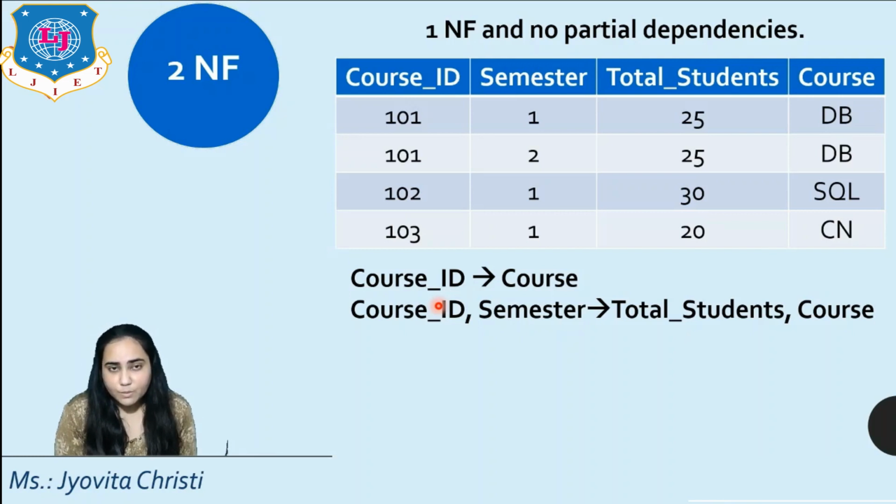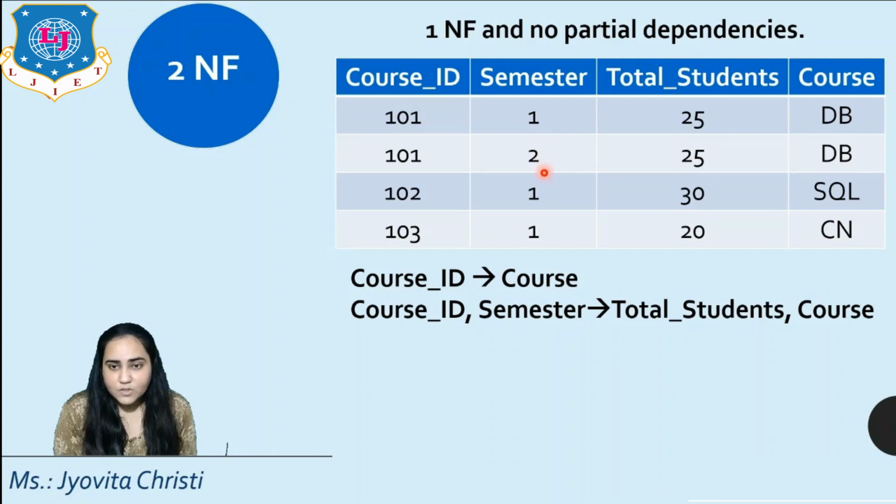So this would be a primary key. And if you know about functional dependencies, then a primary key always determines everything else in the table. So that's why course ID and semester would determine total number of students and the course, because those are the only two columns left from this particular table.